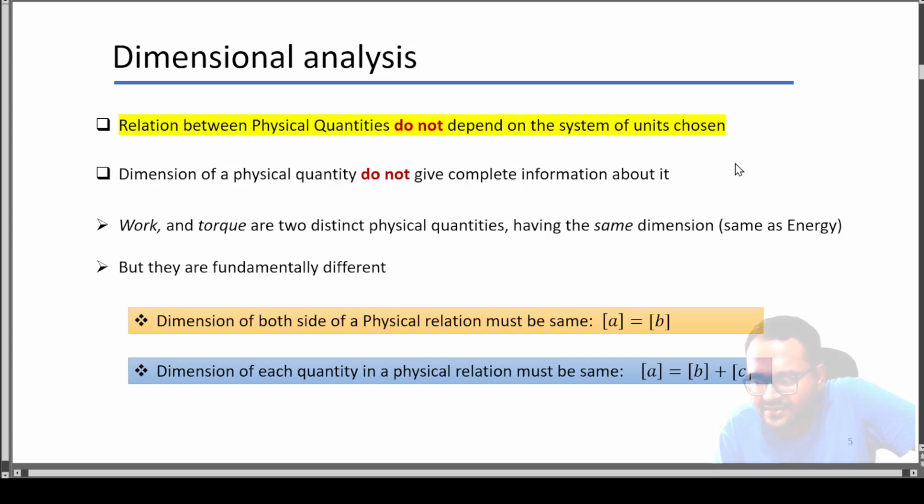Like force is the rate of change of momentum, F is dp/dt, that is Newton's law. We'll study it later. That does not depend on whether you are taking your mass in kg or gram.